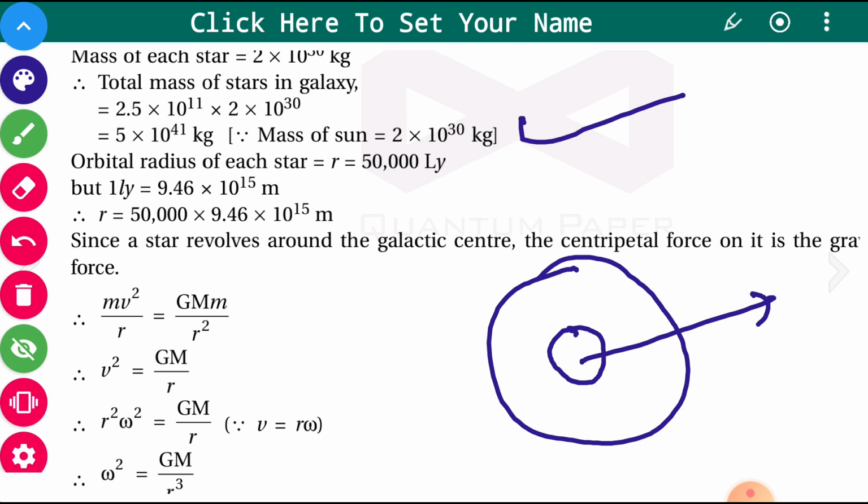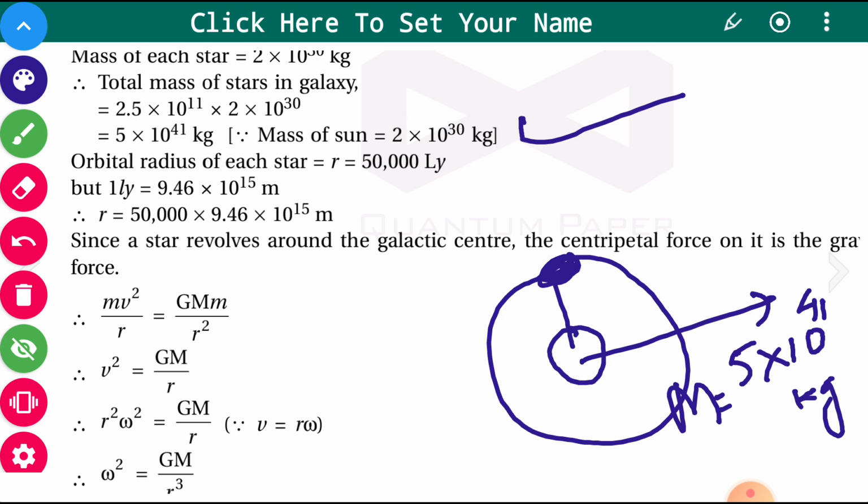So the black hole situated at the galactic center must have the mass 5 into 10 raised to 41 kg, and that mass is taken as capital M. So one star is at what distance? 50,000 light years. This is the distance, and this is the star whose mass is m. Then this is revolving around the galactic center.